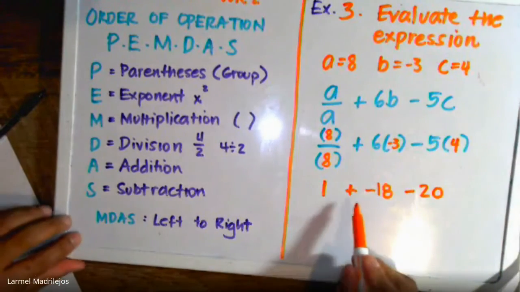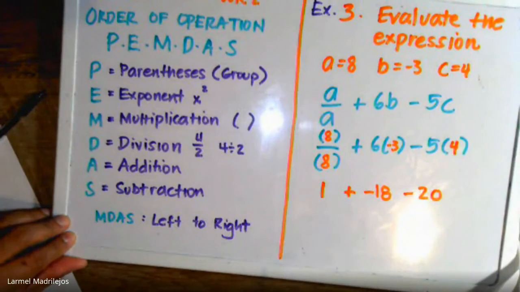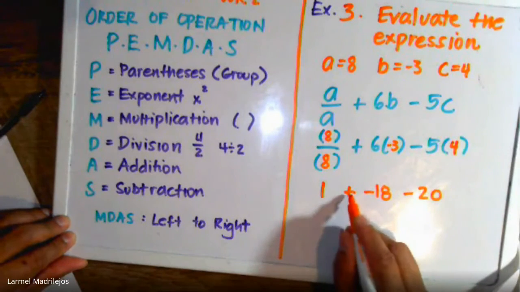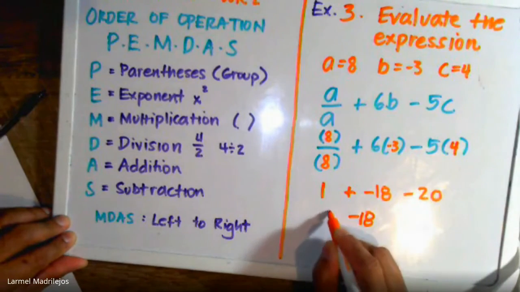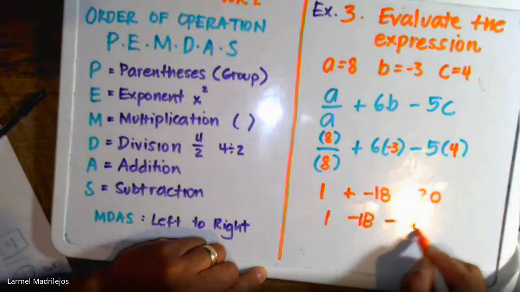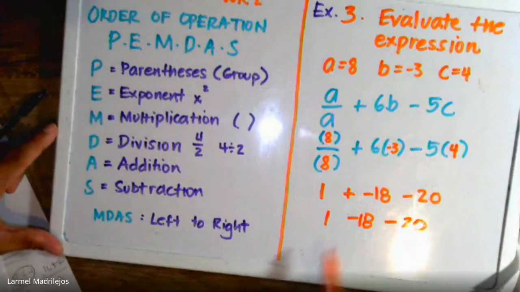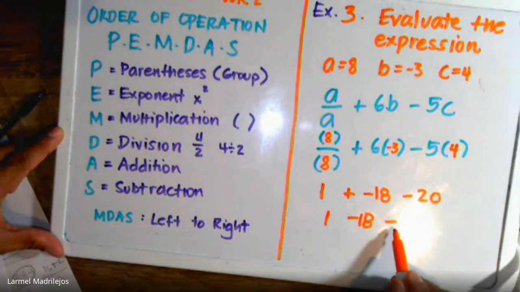If you see two signs here, we know that if you multiply these two, positive times a negative is a negative 18. Let me just write that here. I don't want to erase it so you don't get confused. So we have a positive 1 minus 18 minus 20.